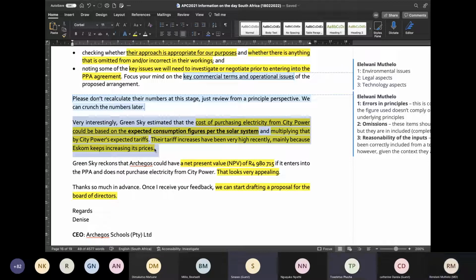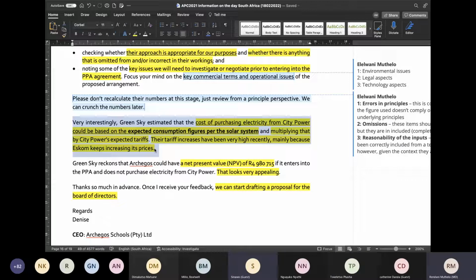Yes, because I was a bit confused when I read it. I didn't know what I was supposed to do with it. They're telling me the estimated cost, what it's based on, and that it increases. I didn't know how that plays a part in my review or evaluation.